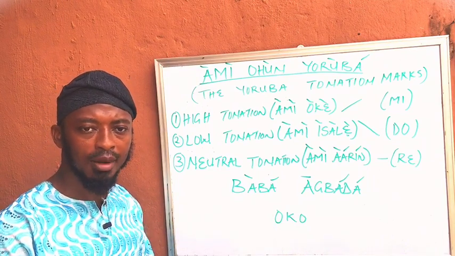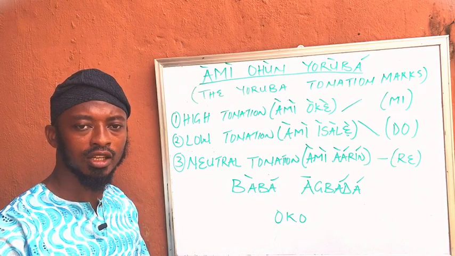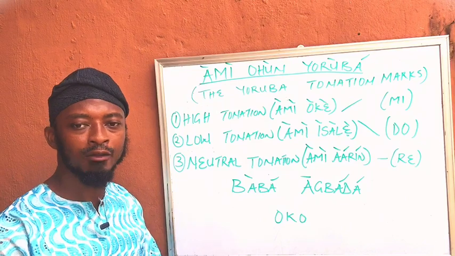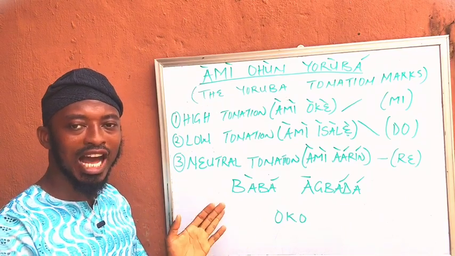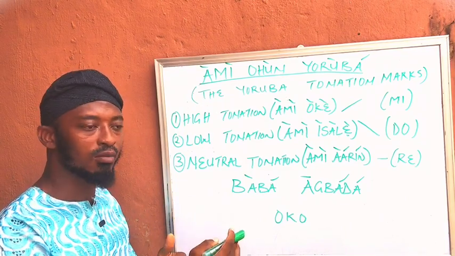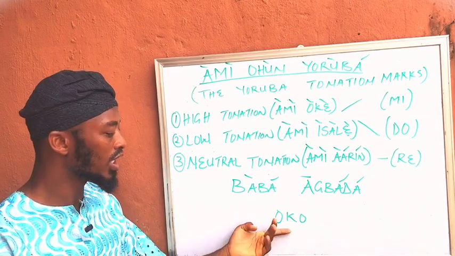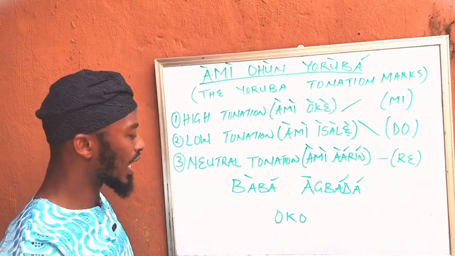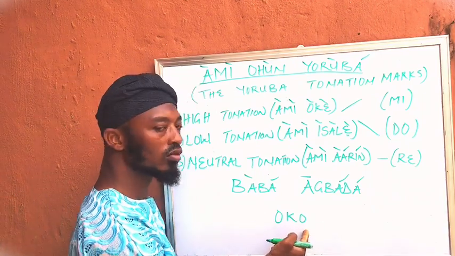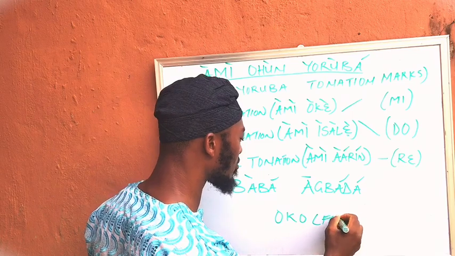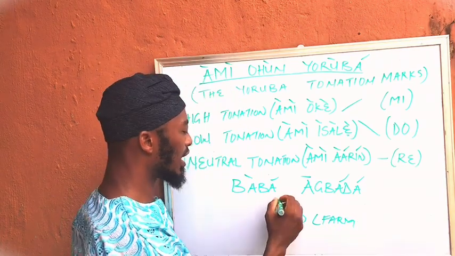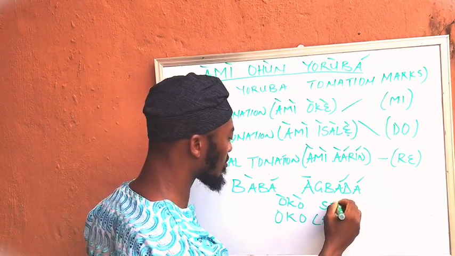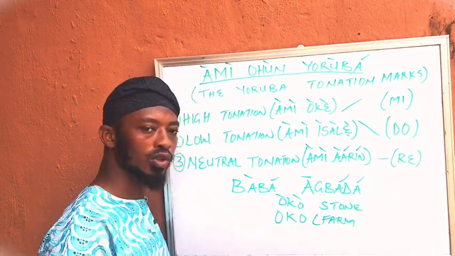I remember when I was talking about the homograph, we have some words that are written the same way, the same spelling, but have different pronunciation. So it is the Ami Ohun that will let you know the pronunciation that this word will carry. Because this particular three-letter word can be pronounced in different ways. We can have it as Oko, that is farm. And this same word can be Oko, do do, and that is stone.